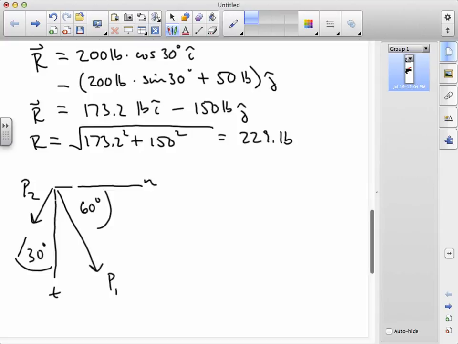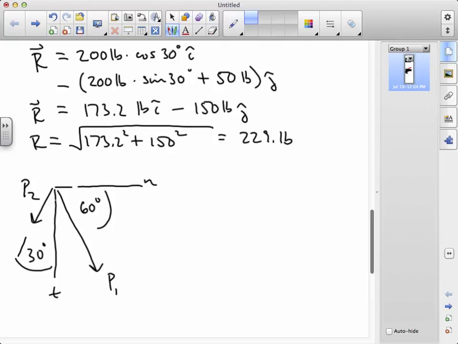So here we have a resketched representation of P1 and P2 in the tangent normal system. And we can see that P1 is going to have positive components in both normal and tangent directions. P2 will have a positive component in the tangent direction and a negative component in the normal direction.